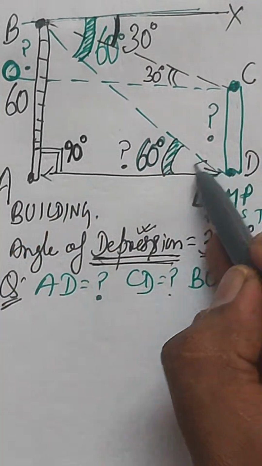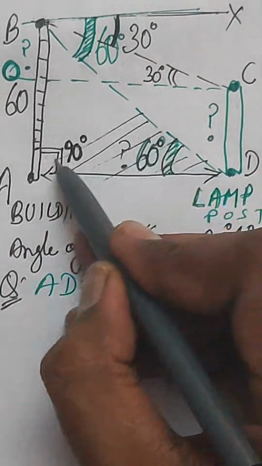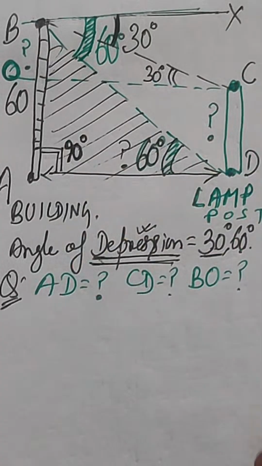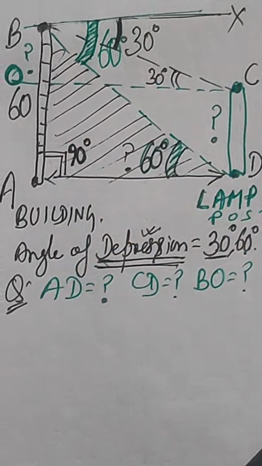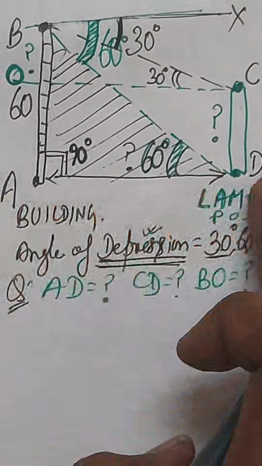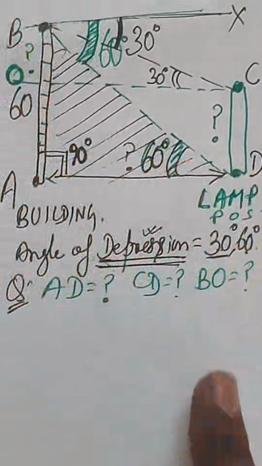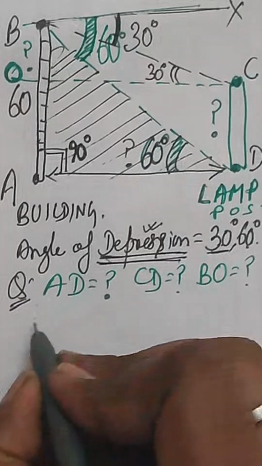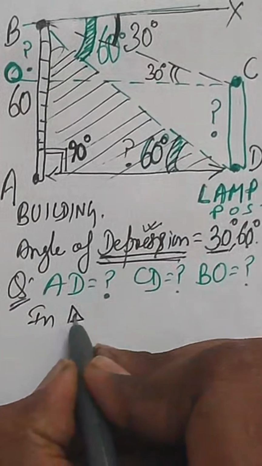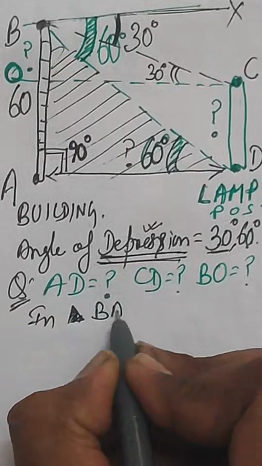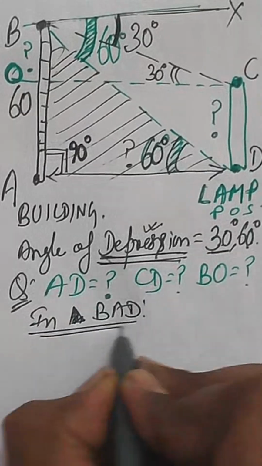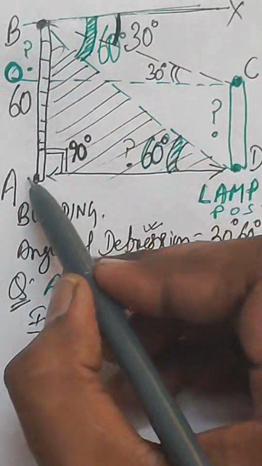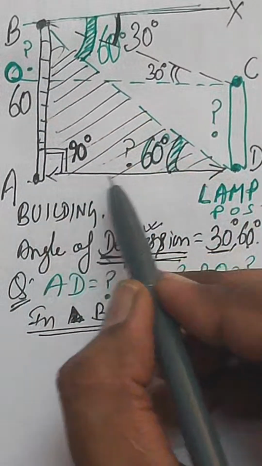So if you consider this triangle, triangle BAD, though it's not bad, but yes, triangle BAD. So in triangle BAD, we can say the ratio of tan 60 degree is the ratio of AB and AD.